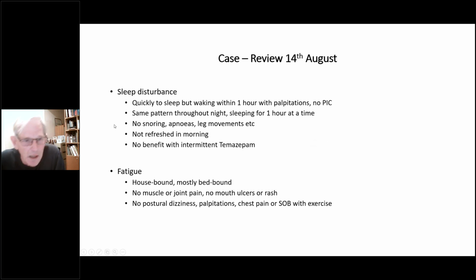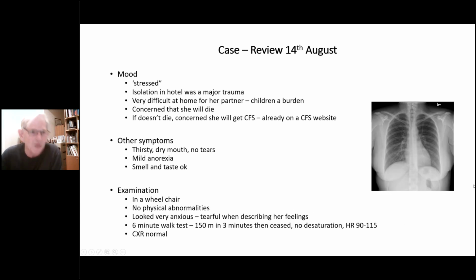And when she woke in the morning, she didn't feel refreshed, and she hadn't really used the temazepam regularly. The fatigue was as described, and there was no associated muscle or joint pain, mouth ulcers or rash, no postural dizziness, no palpitations during the day, chest pain or shortness of breath with exercise. When I asked her about the mood, she admitted that she was stressed.